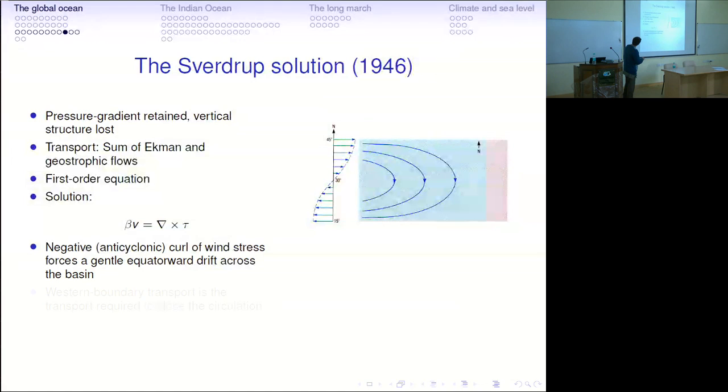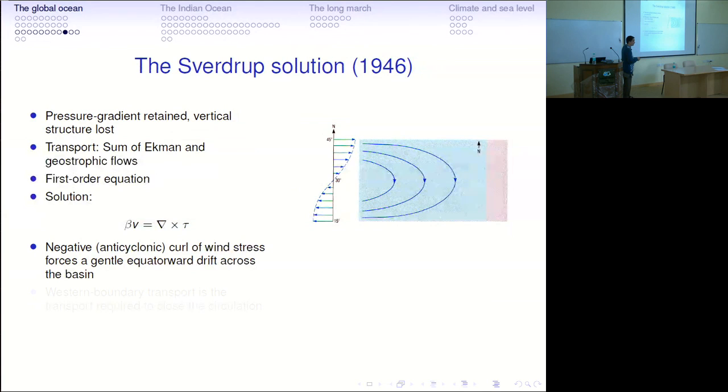Now, if you look out here, what you find is an anticyclonic curl of wind stress. Tau is negative here and positive here. You have the trade winds, and all we are looking at is the zonal component of the trade winds. Likewise, we are looking at the zonal component of the winds to the north of the trades, that's the westerlies.